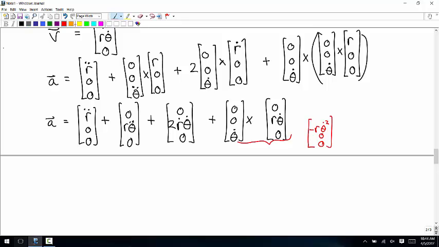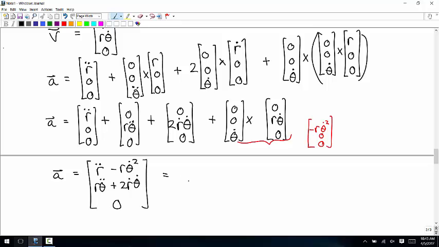So add those terms all up, and you get the acceleration is equal to r double dot minus r theta dot squared. That's the e_r component. The e_theta component is r theta double dot plus 2 r dot theta dot, and no z component.